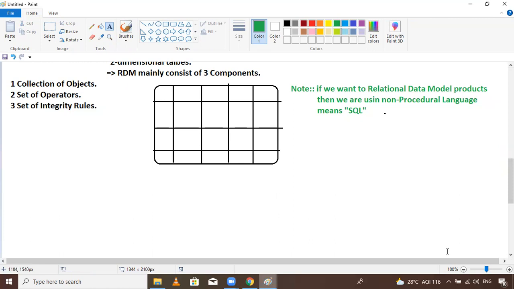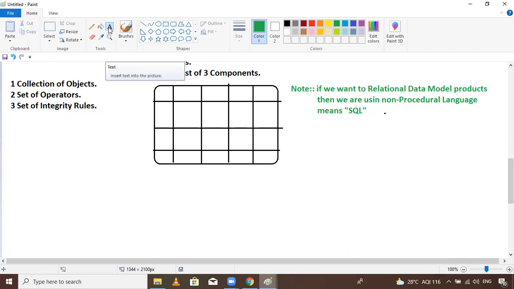I have already given all the things about DSL, so it is not required here. What is Structured Query Language? What is SQL?